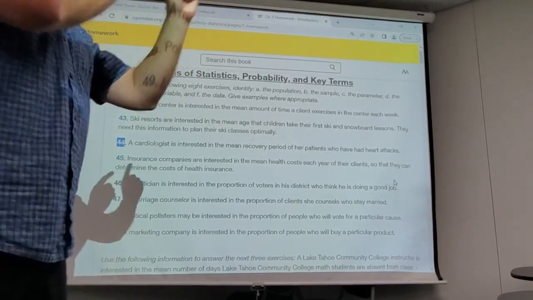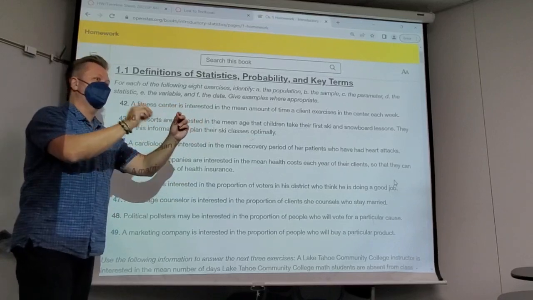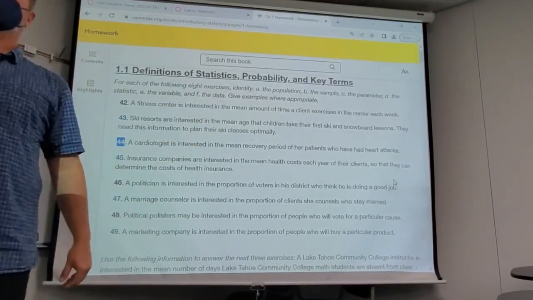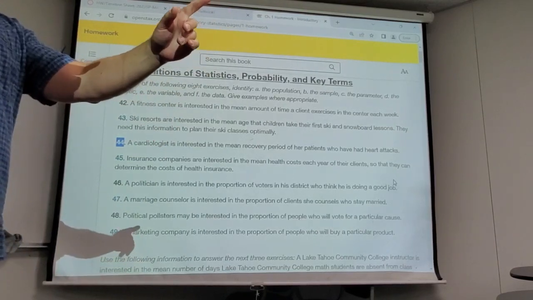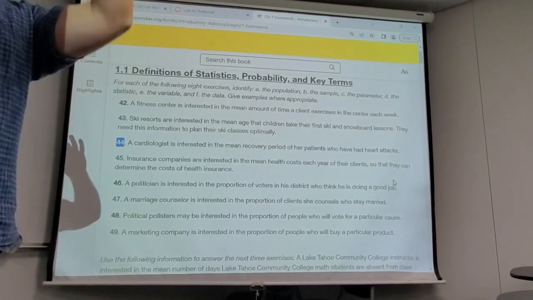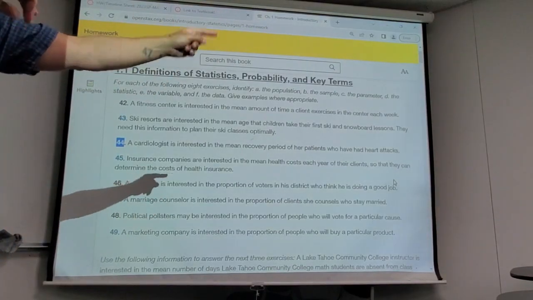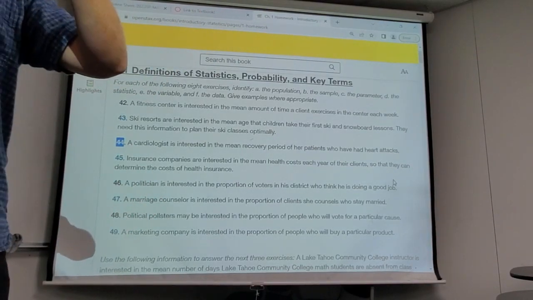Just her patients. So, all of her patients who have had heart attacks. Bam. That's the population. Do you see how you have to tease it out from that little bit they told you? They gave you one quick sentence, and you have to tease out what the population is.